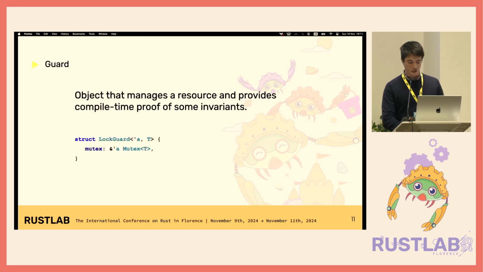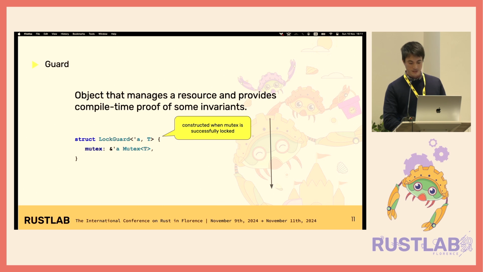For instance, for the lock guard that we saw a second ago with the mutex, the lock guard itself represents proof that the mutex was locked. As long as the lock guard is around, we are guaranteed that the mutex is locked.